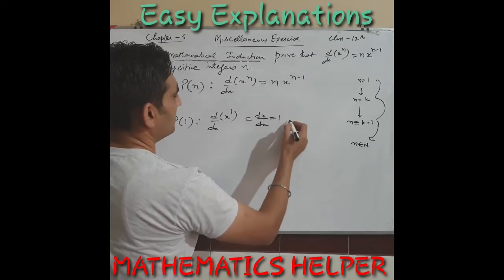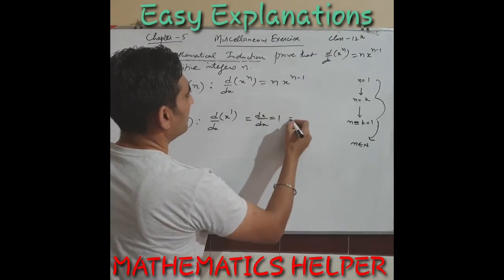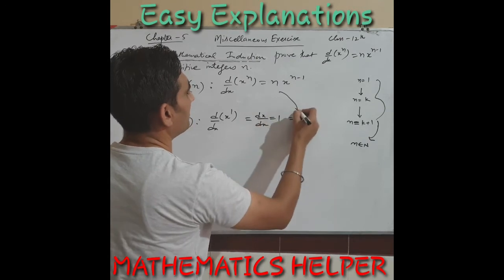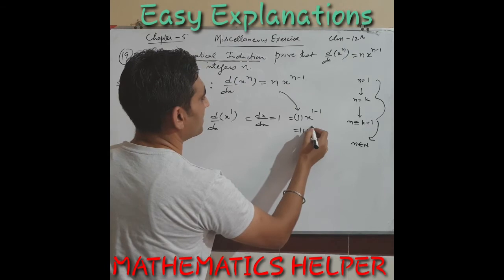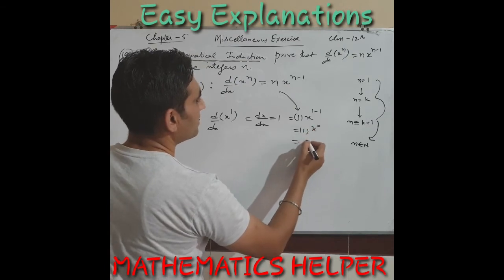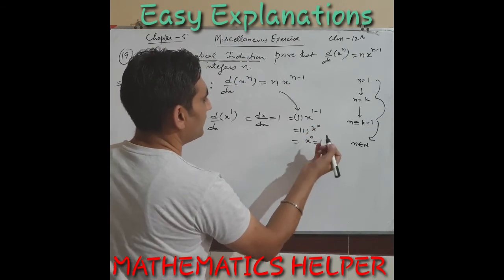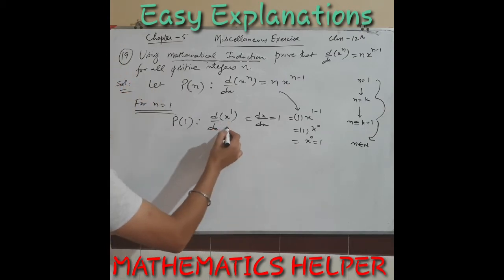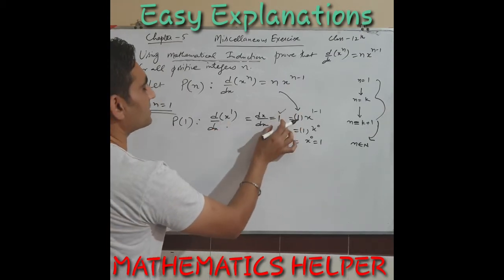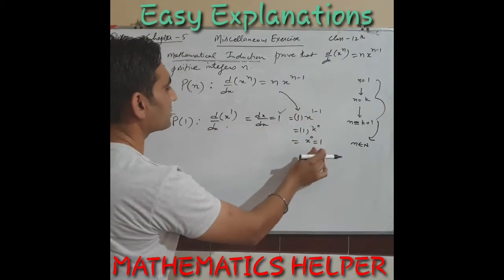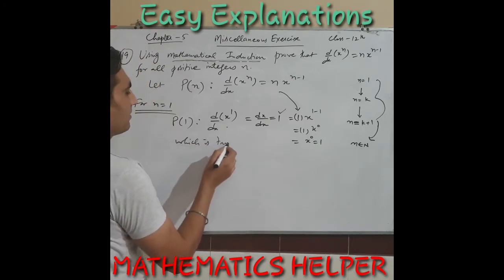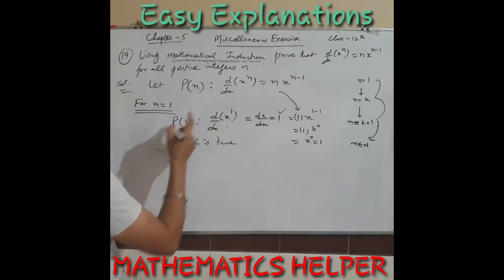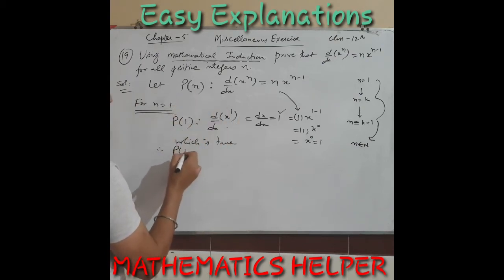Similarly, for the right side, in place of n I am writing 1: 1 into x raised to power 1 minus 1, or 1 into x raised to power 0, which is 1. So we started from the left side and got the answer, and from the right side also we got the same, which is true. That means P(1) is true.